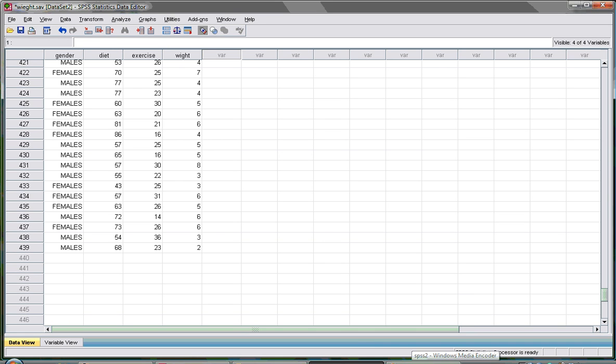Today we are going to continue the session examining the association between your variables. We have talked before about the correlation, and we are going to start talking about the regression.